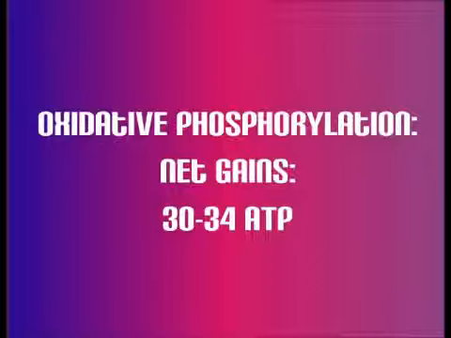The motion allows the protein to create ATP by combining ADP and phosphorus. This step gives 90% of the ATP generated by cellular respiration. 30 to 34 ATP are gained. And that's all for cellular respiration. I hope you learned a lot here at the glucose factory.